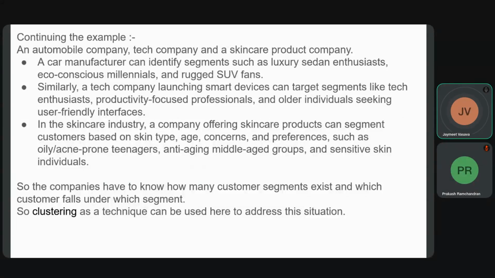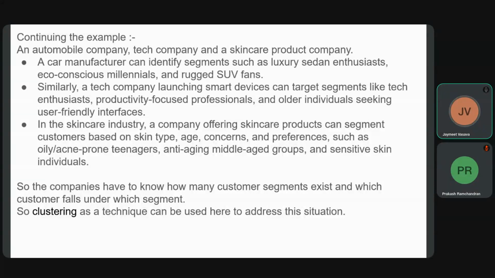Then for the skincare company, a company offering skincare products can segment customers based on skin type, age, concerns, and preferences, such as oily or acne prone teenagers, as teenagers have changes happening in the body which also reflect onto their skin.